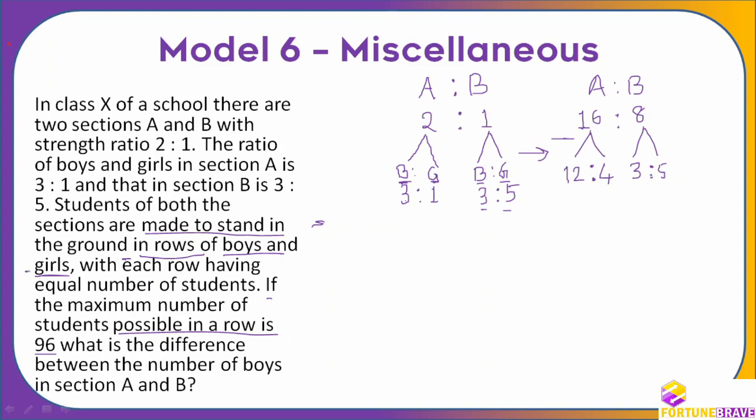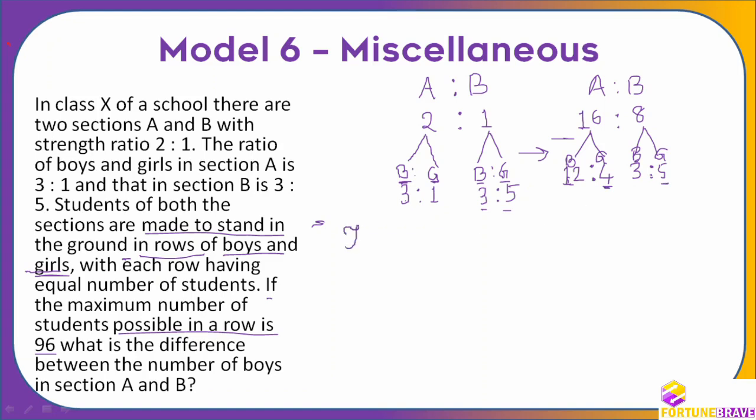If we convert like this, immediately we will be able to know two things in this question. See here, this is the boys ratio, and this is the girls ratio. This is also the boys ratio, and this is the girls ratio. Total girls ratio is how much?